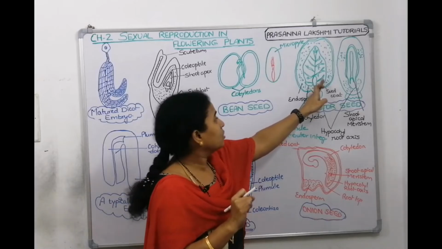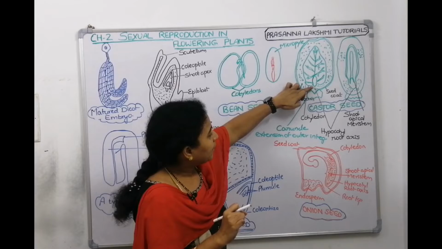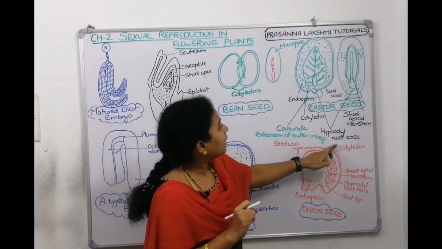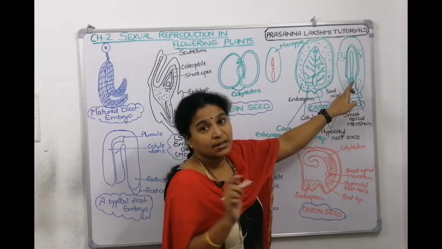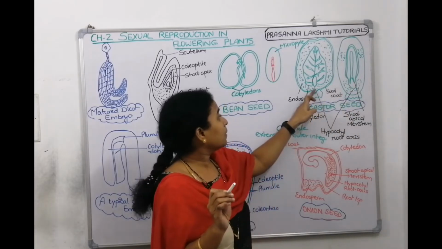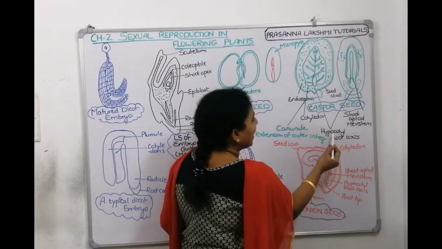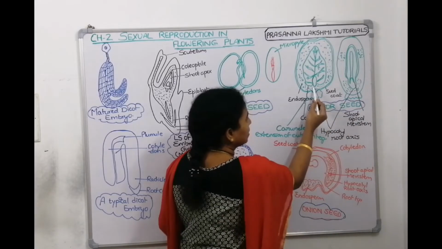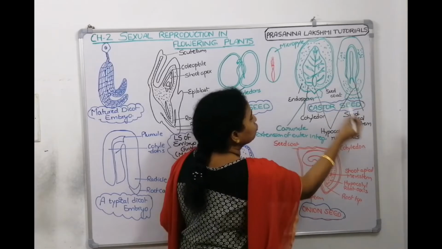The cotyledons show venation, and this part is the hypocotyl, and this part here is the shoot apical meristem. This tip is the hypocotyl, which will make the root axis, whereas this tip will make the shoot axis.